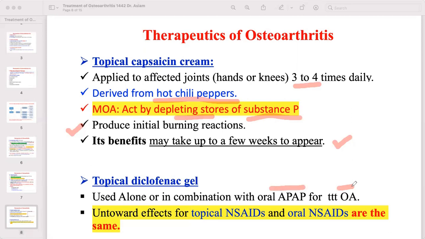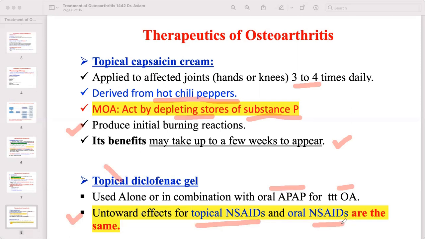We can use topical diclofenac gel with only acetaminophen, but not with other oral non-steroidal anti-inflammatory drugs, because the untoward effects for topical non-steroidal anti-inflammatory drugs like diclofenac gel and oral non-steroidal anti-inflammatory drugs are the same.